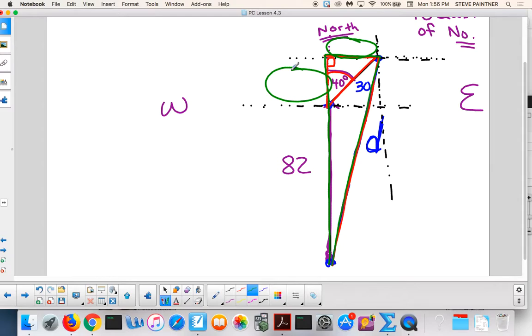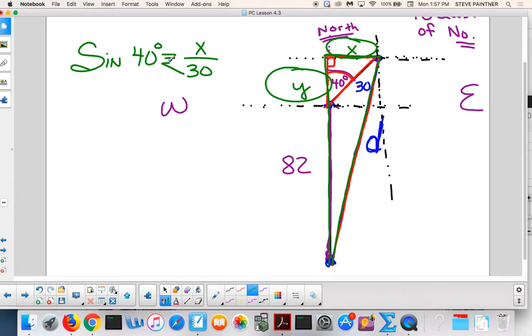Can I call this one X and this one Y? To find X, which trig function would you use? Opposite of 40 is X. This is called the hypotenuse. Opposite, hypotenuse: I'd probably go with sine. Sine of 40 equals X over 30.